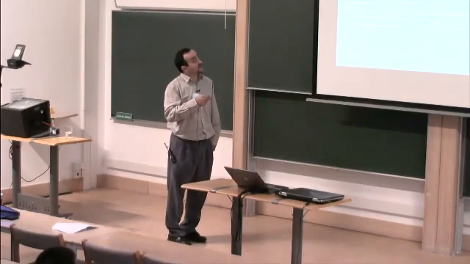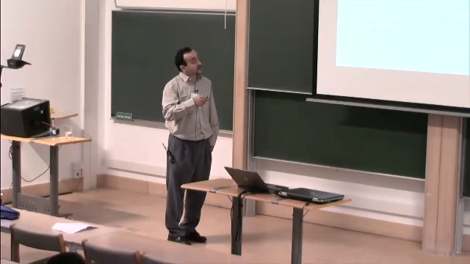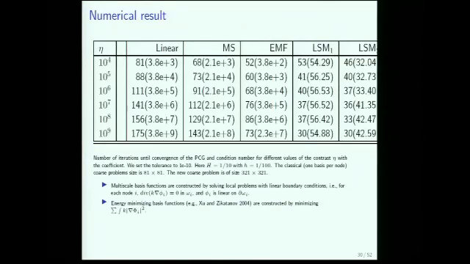You see that for all these methods, as you increase the contrast, the condition number grows, and in the limit of very high conductivity it can be very, very high. While if you choose coarse spaces carefully, then the condition number remains constant.